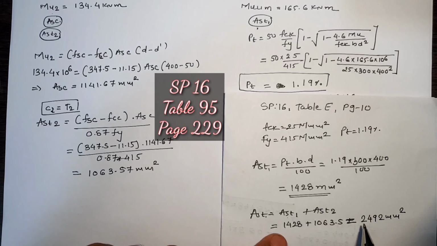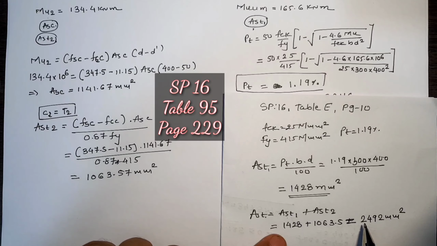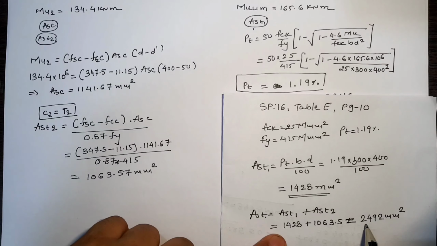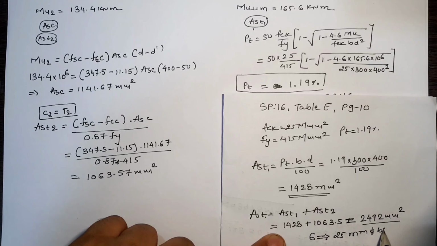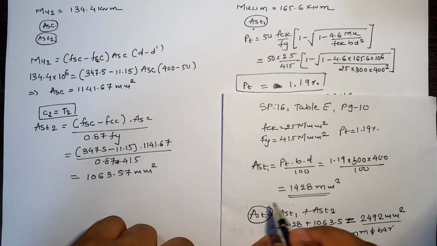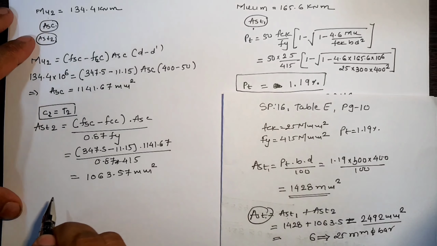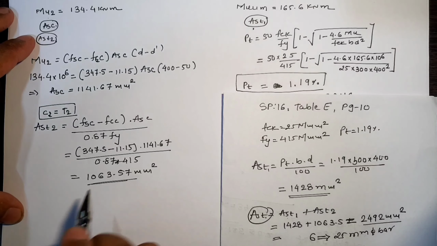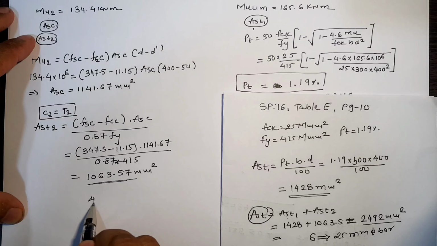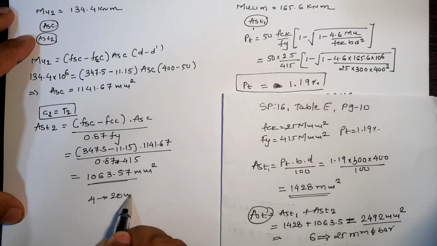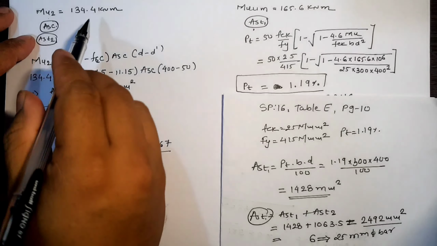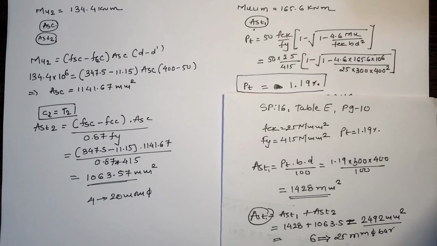Using SP16, page number 229, table number 95, for 2492 mm square, we require 6 numbers of 25 mm dia bar as area of steel, and for 1063 we require 4 numbers of 20 mm dia bar as compressive reinforcement.